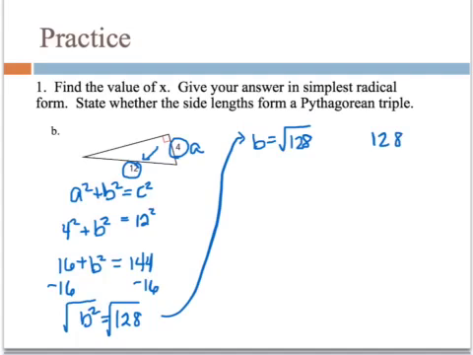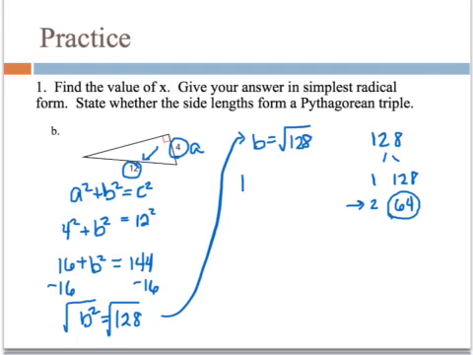And hopefully you'll find a pair in which one of the factors is a perfect square. Let's see, we have 2 and 64. And I'm going to go ahead and stop there because 64 is going to be my largest perfect square. 4 would work also, but 64 is going to be larger.